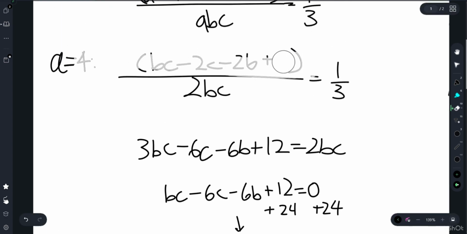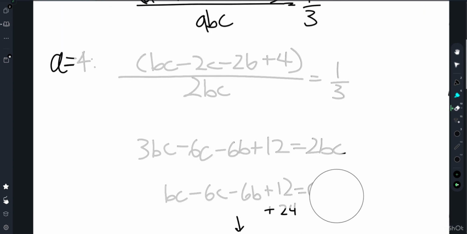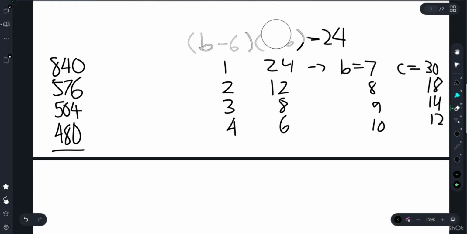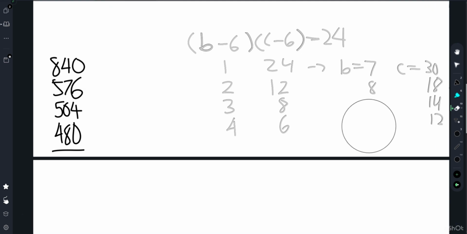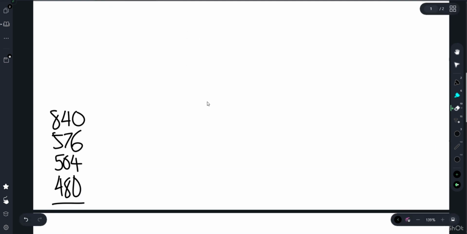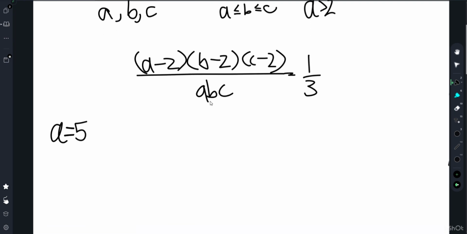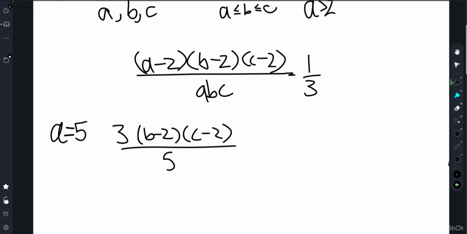Now we want to look at A equals 5. So let me just erase this. It's irrelevant now. Okay. So now let's look at A equals 5. If A equals 5, we get 3 times (B minus 2) times (C minus 2) all over 5BC is equal to 1/3.